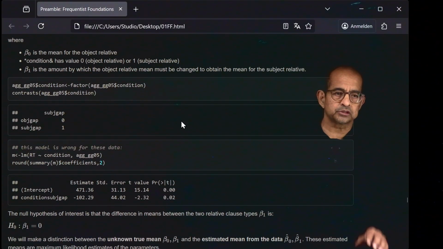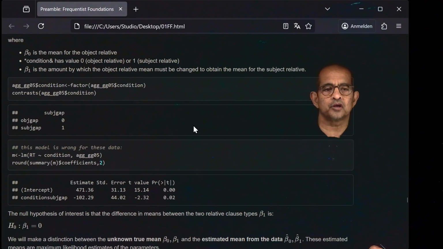So these were, of course, estimated from the data, and there you can see the estimates here for the default contrast coding, the treatment coding. Here's the estimate for object gaps, and here's the speed up that you observe in subject gaps relative to the object gap, right? And then you see some statistical tests being carried out here, the t-test and the corresponding p-value.